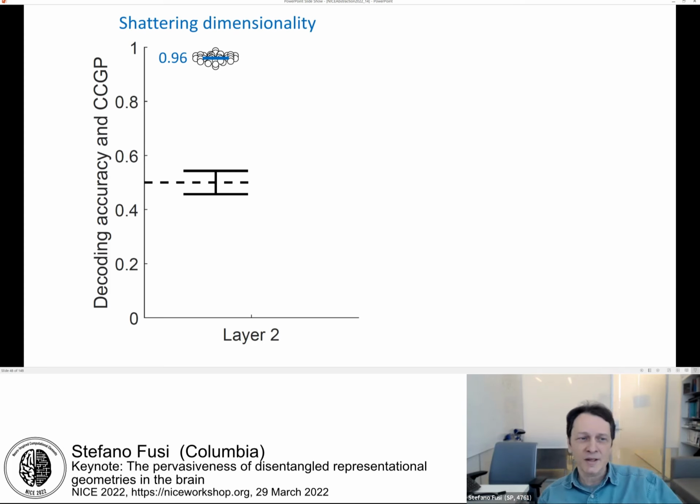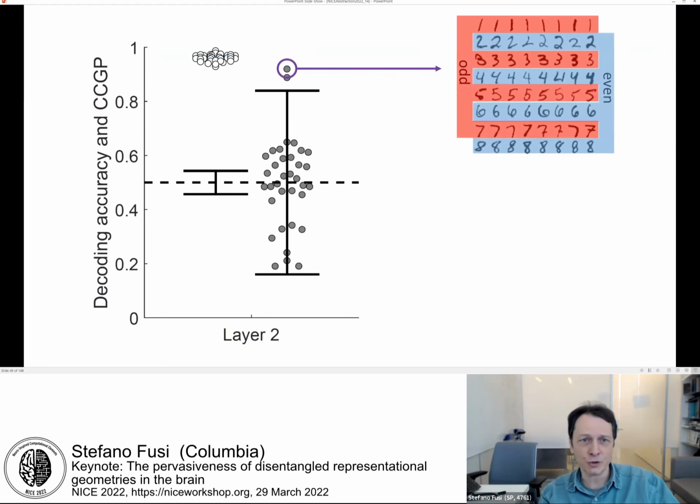The second one is that if you just consider the information that is encoded about every variable, you don't learn much about this system. You really need to look at what format the information is represented in these representations. And that's something that you can do by using the cross-condition generalization performance, which is reported here.